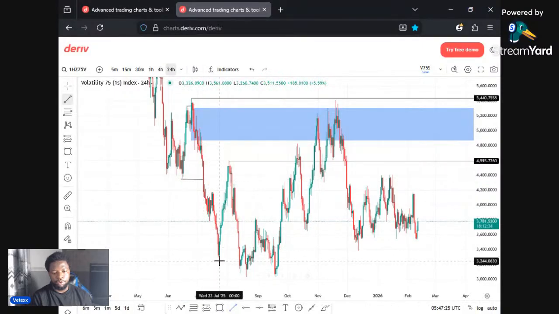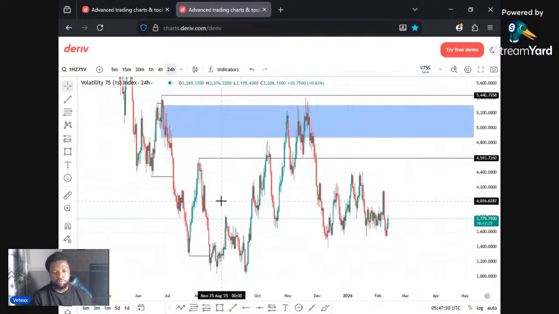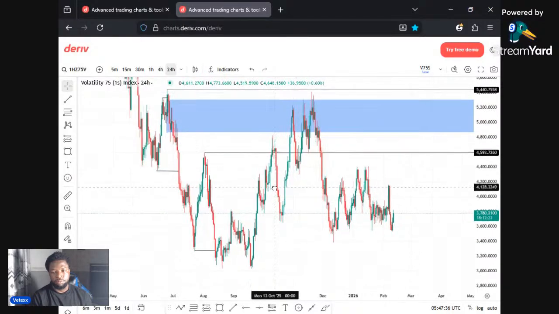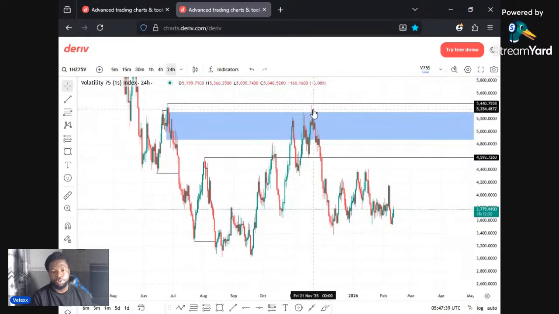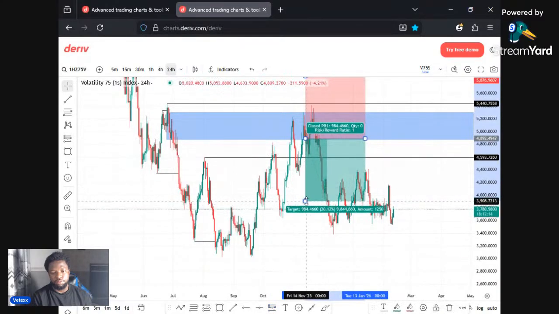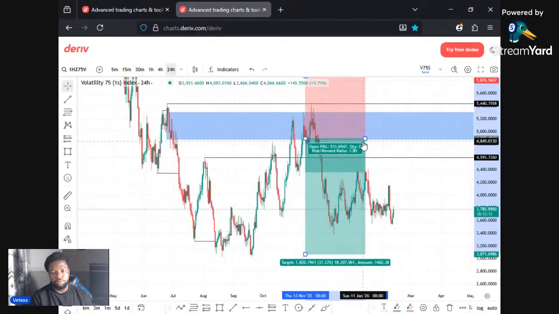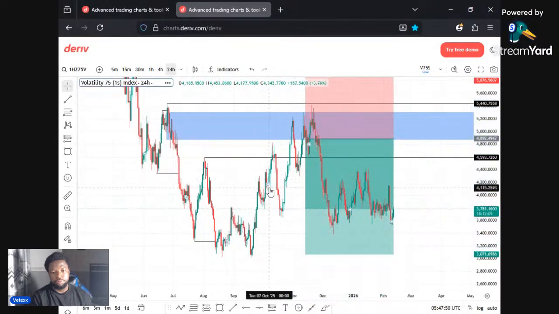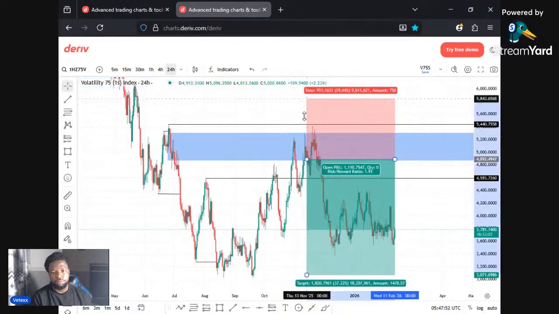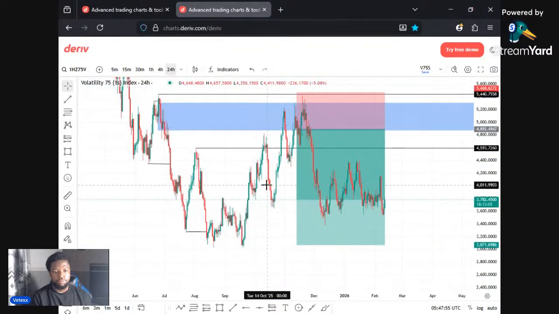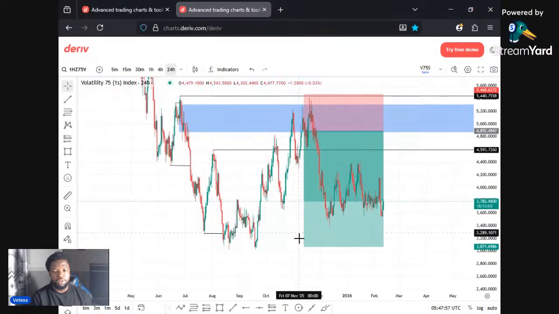This is break number two. So this is what we had on V75 1S earlier. Price started moving from this starting point, and the finish point is below here.